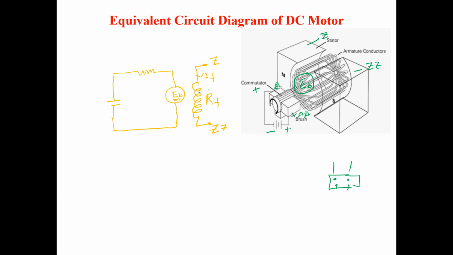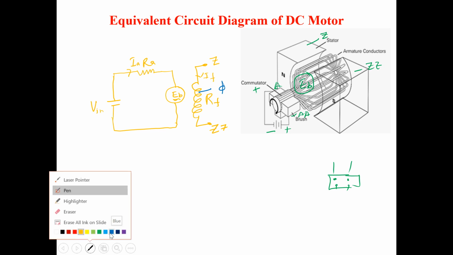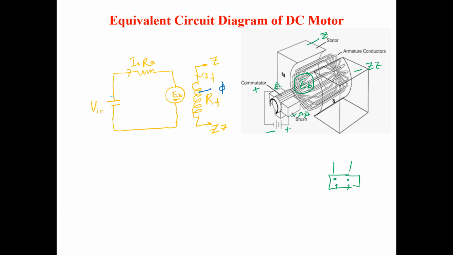This will be the armature, RA is the resistance, IA is the current flowing through this resistance, and V is the input voltage. If we introduce the effect of the brush contact voltage, this will be the positive brush and this the negative brush, so this will be our brush contact resistance.